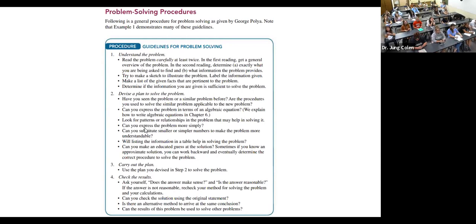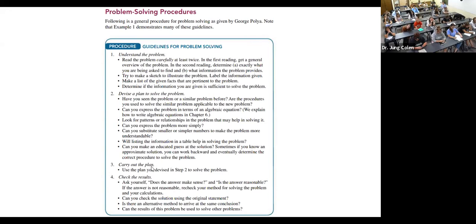Can you change that problem or simplify it? Can you substitute smaller or simpler numbers for you to understand it better? Will listing the information in a table help in solving the problem? Can you make an educated guess at the solution? Sometimes if you know an approximate solution, you can work backwards and eventually determine the correct procedure.